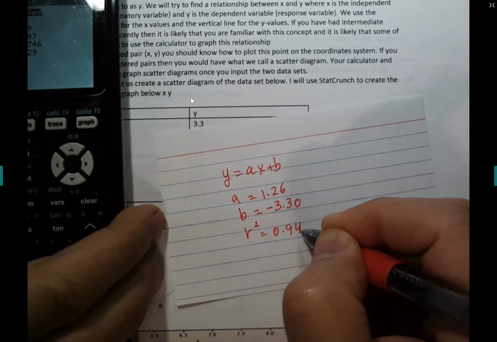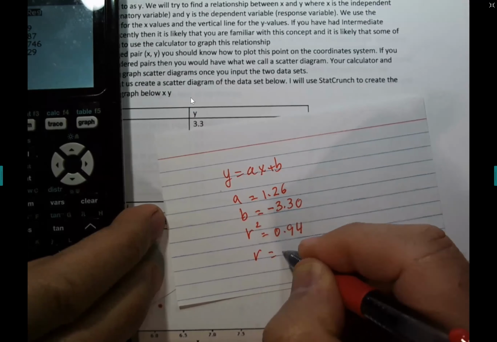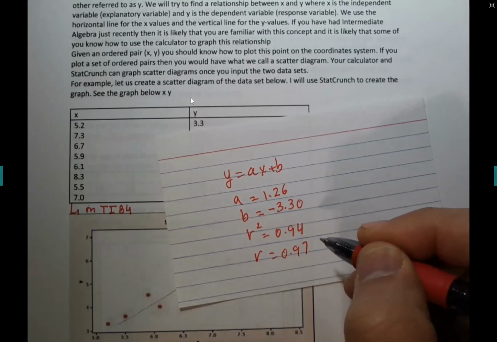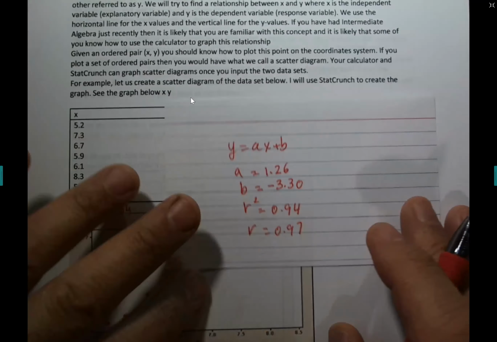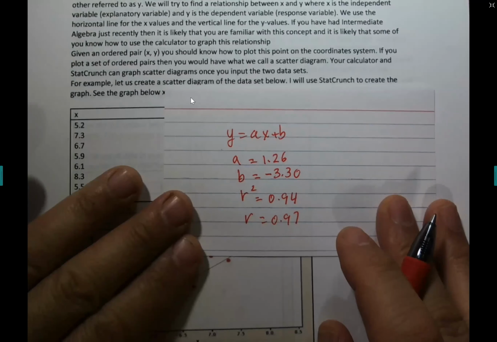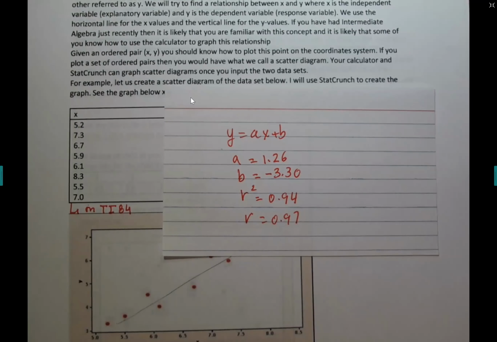One is called r squared, and one is called r. I usually tell you how many decimal places you should use, but I'm just using 2 decimals.